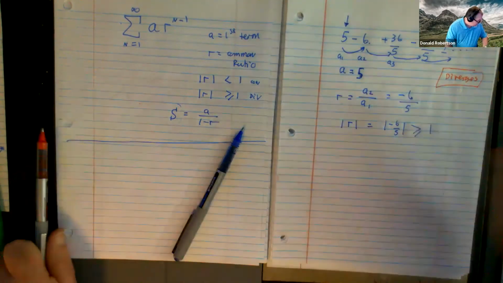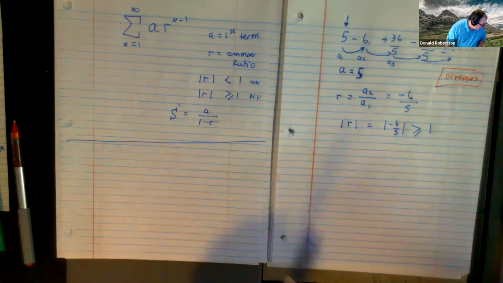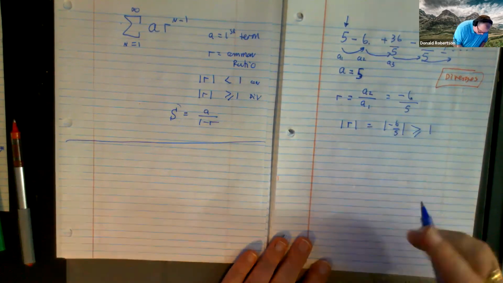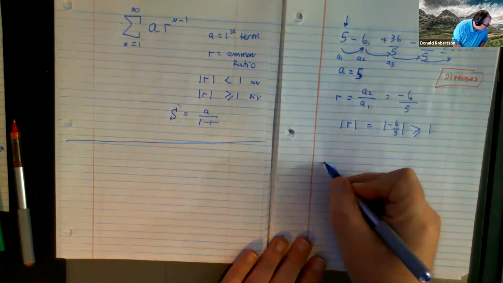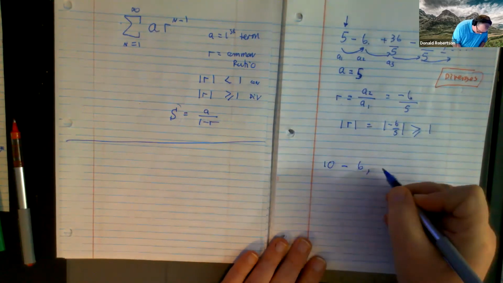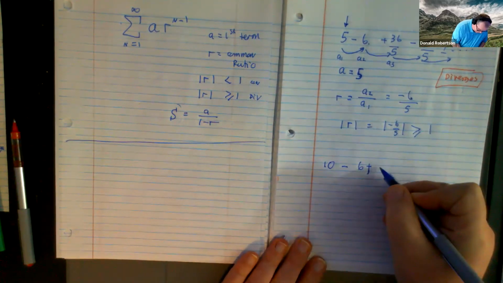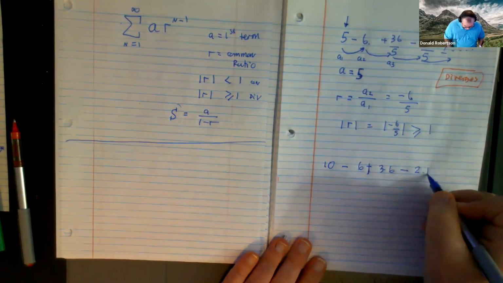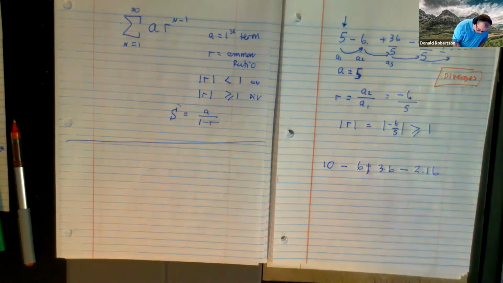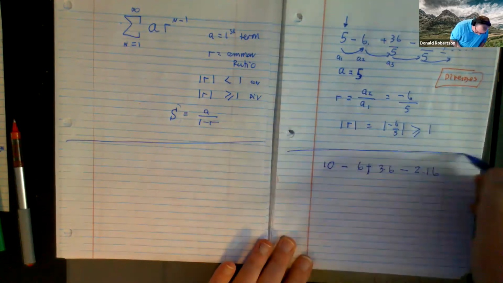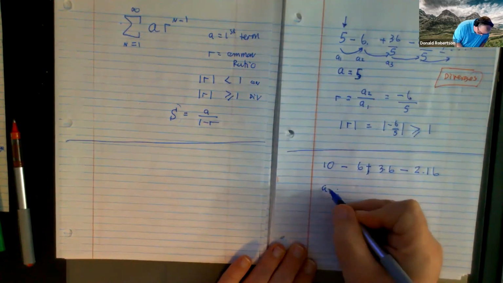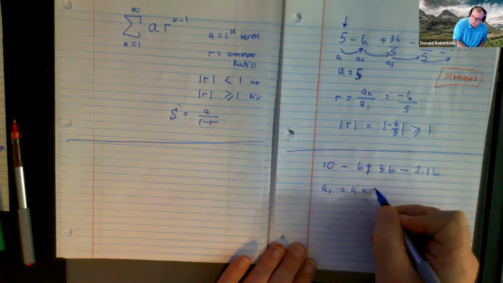Okay, let's see if I can pick one. How about this one? 10, take away 6, add 3.6, take away 2.16. You're told it's a geometric series, so you don't need to worry about how to know if it's one. They just tell you in the question. Would you agree that a is the first term, 10?